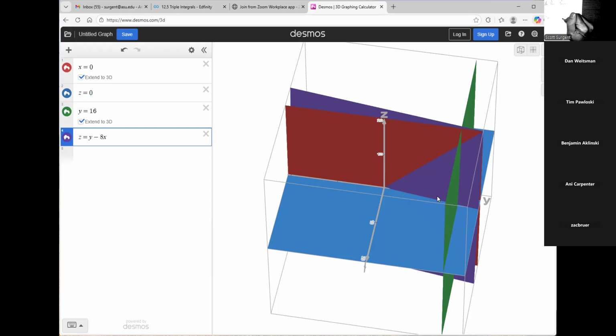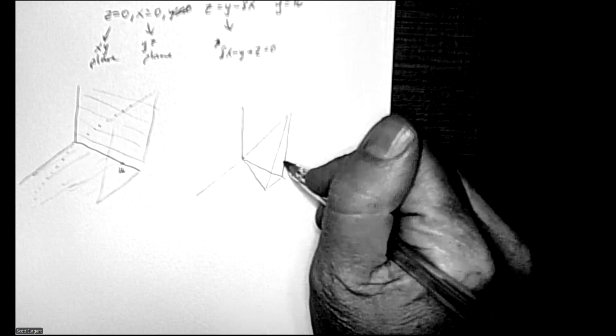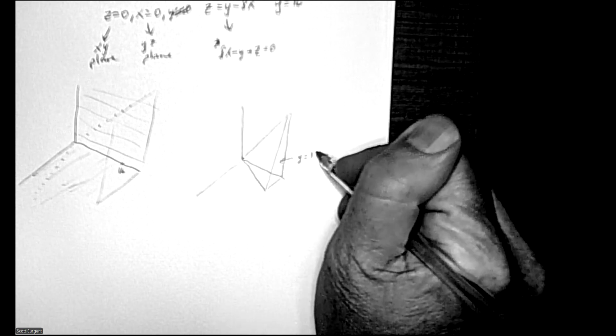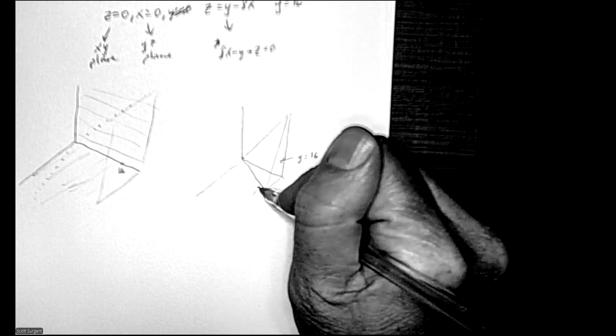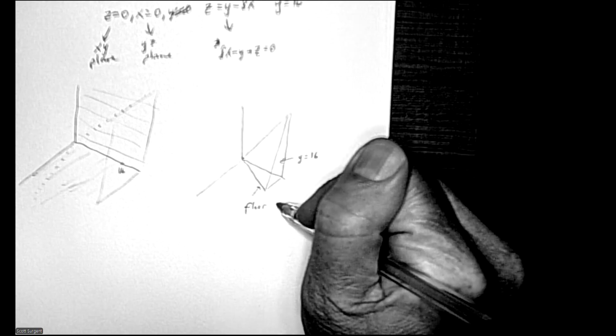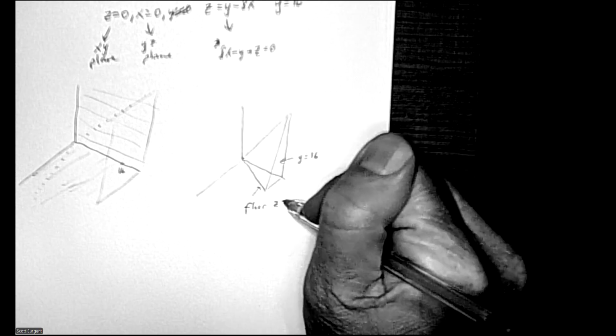So I'm going to try to draw it again. That's not the easiest thing to see. So we have y equals 16. We have the floor, which is z equals 0.